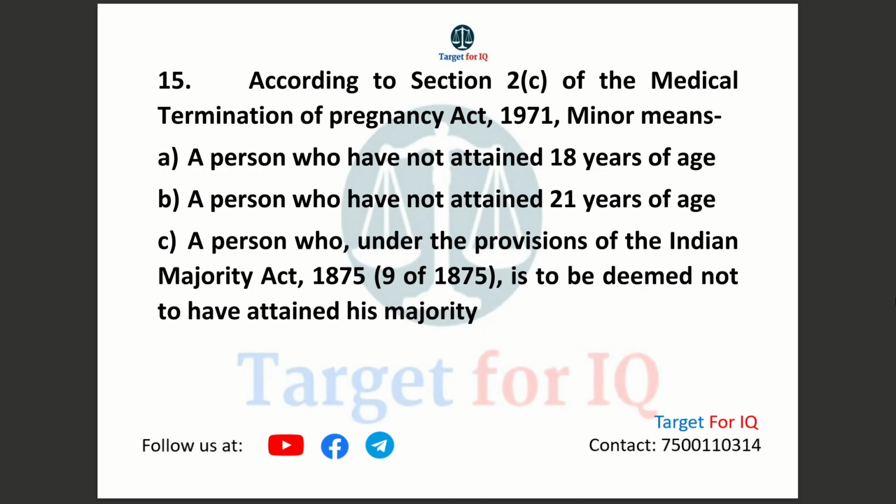Question 15. According to section 2C of Medical Termination of Pregnancy Act 1971, minor means A, a person who has not attained 18 years of age. Option B, a person who has not attained 21 years of age. Option C, a person who under the provisions of Indian Majority Act 1975 is to be deemed not to have attained his majority.